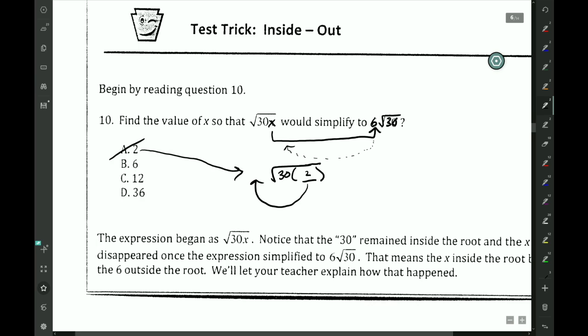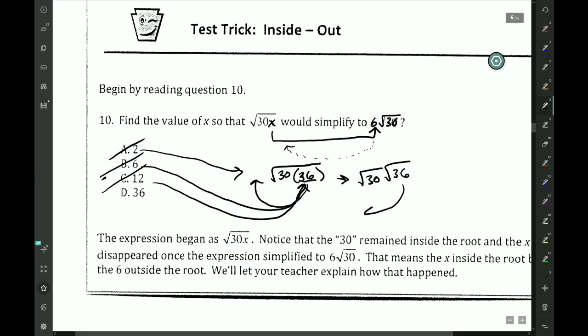No. If I put a 6 in there, is the square root of 6 6? No. If I try 12, is the square root of 12 6? No. 36 on the other hand is a perfect square. So if you think of this as square root of 30 times square root of 36, that comes out 6 square root of 30. So D would be your answer for that one.